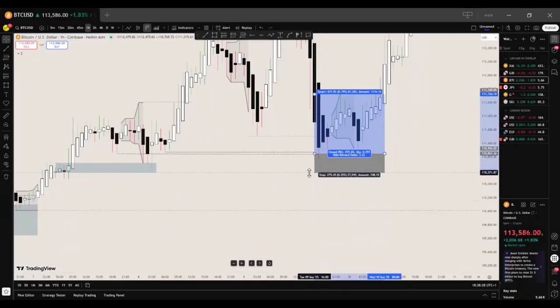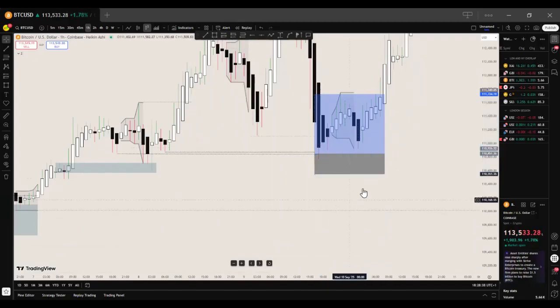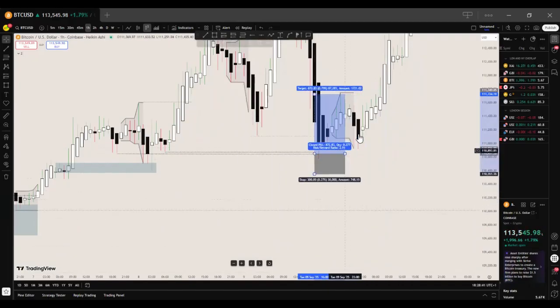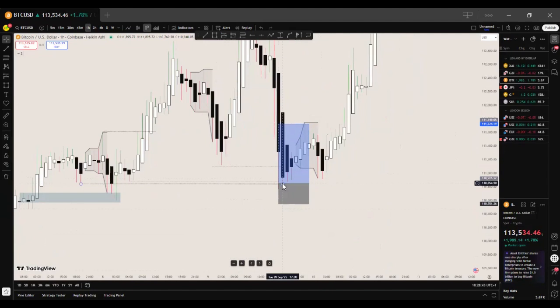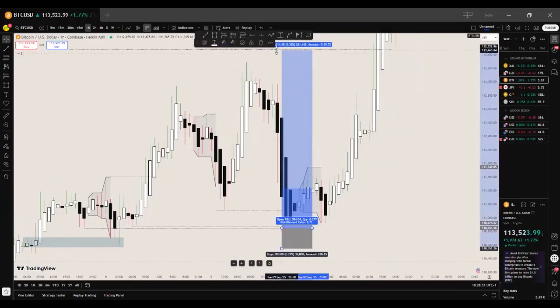I was risking 300 points. I was expecting the market to at least break this high according to my higher time frame bias.